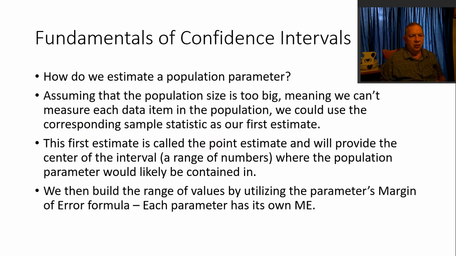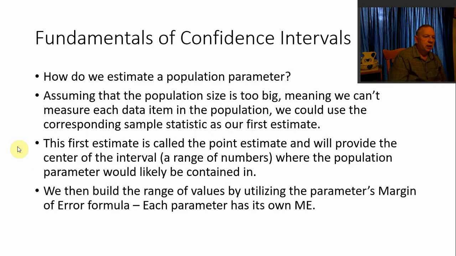It provides the center of an interval. So what we return when we do this confidence interval calculation is some range of numbers that the population parameter could be in. We start with the sample statistic as the center, and then we'll use the margin of error formula depending on what we're trying to estimate.